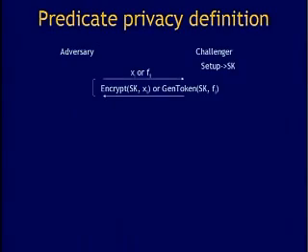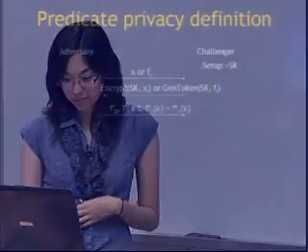In a ciphertext query, it's going to output a plaintext xi and get back an encryption of xi. In a token query, it'll output a predicate fi and get back a token for fi. So it can run several of these queries and issue them adaptively.